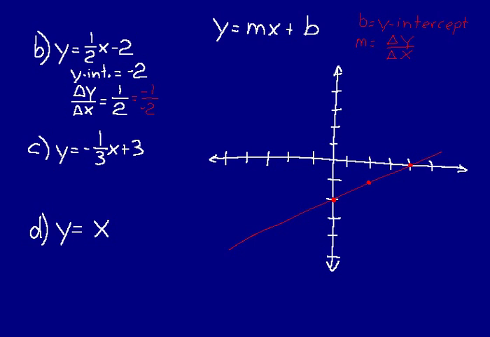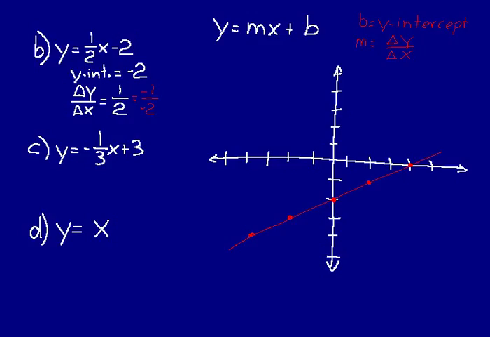So we could start at the y-intercept, go down 1 to the left 2, and we should hit the line. Go down 1 again to the left 2, and we should hit the line, and we do. So you can think of a slope that way as well. You can change the sign of the numerator and denominator, and you won't change the value of the slope. You'll just be able to think about how to plot your points a little bit better.